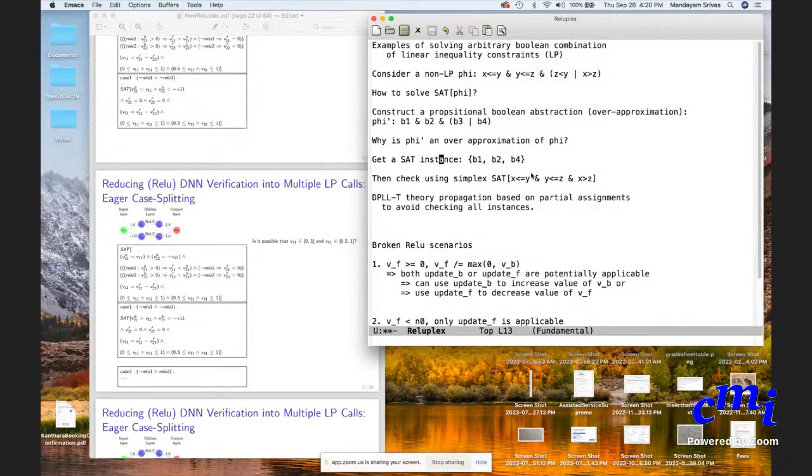That is actually possible. Reluplex does it inside the simplex framework itself, and that's what I'll show you.